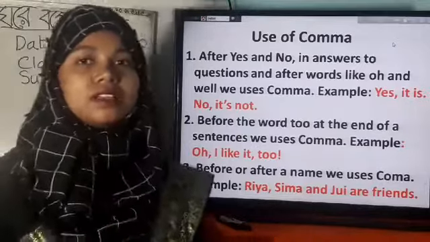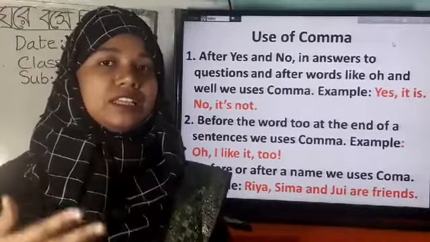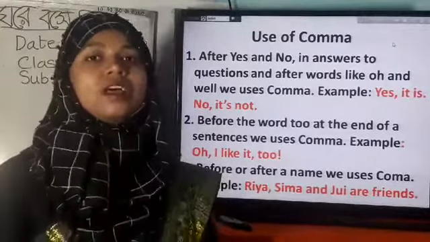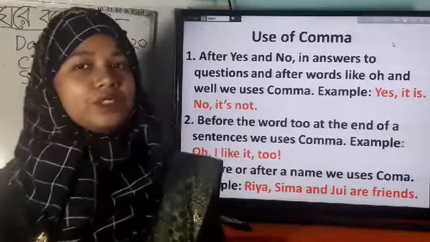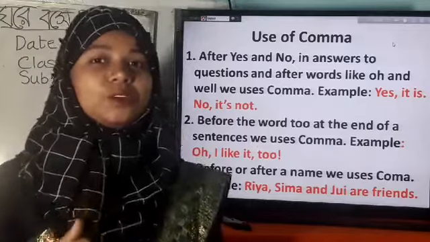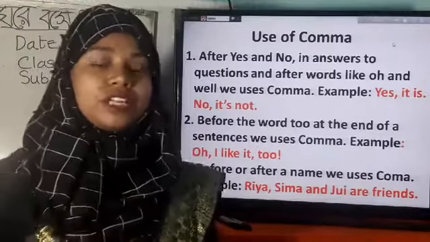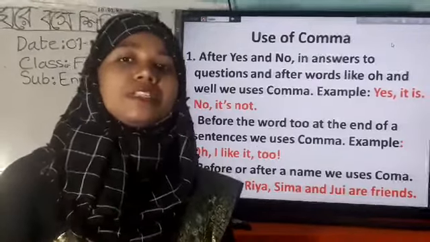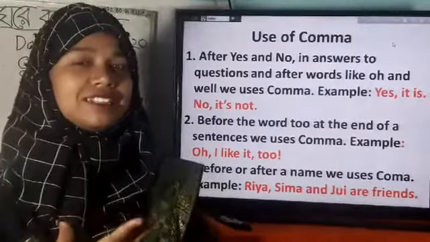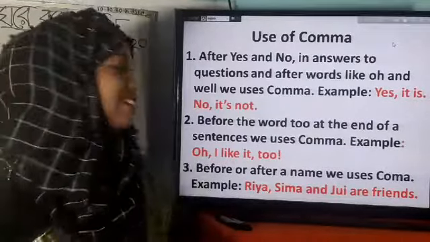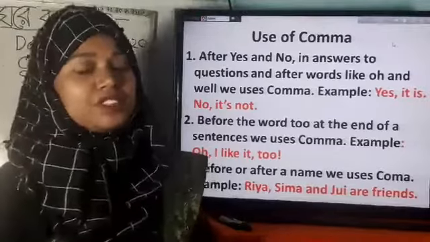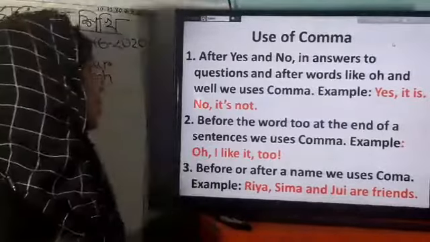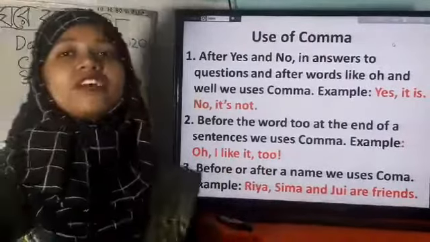Dear student, even when we write I, you, he, we use a comma. Between names like Mitu, Ritu and Setu, we also use the comma sign. So what can you understand? You can understand that before or after a name we use comma. Dear student, this is the use of comma. Okay?